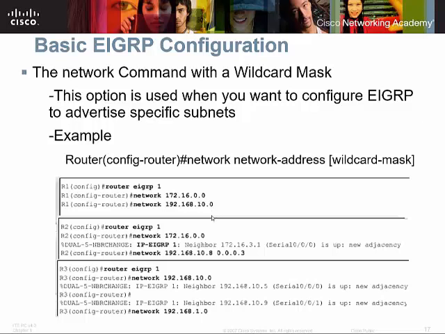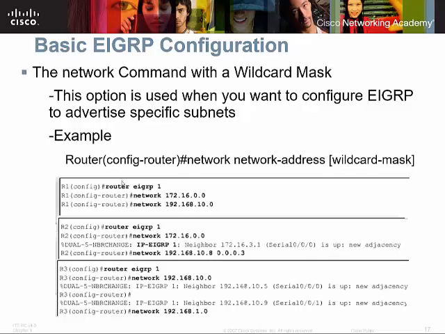For our purposes, we are using classless networking, so we need to give it the full net mask information. And you can see right here in the example on R2, I've done just that, right? 192.168.10.8 is clearly a /30 point-to-point network because of this wildcard mask.